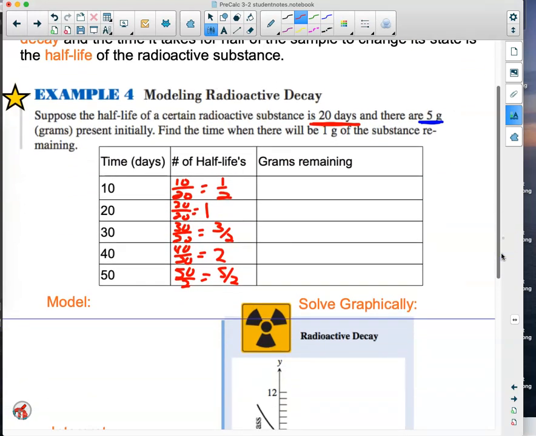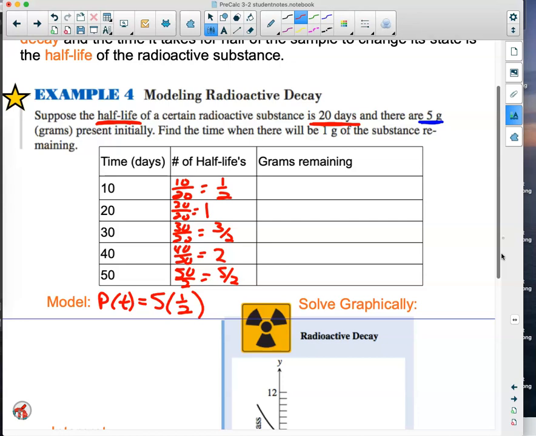So when I think about my population of this radioactive substance here, and I will call it P of T, they did tell me what it started with. It started with 5. And they also told me what my base needs to be, because they said this is half-life. So a half of it is going to be my base.